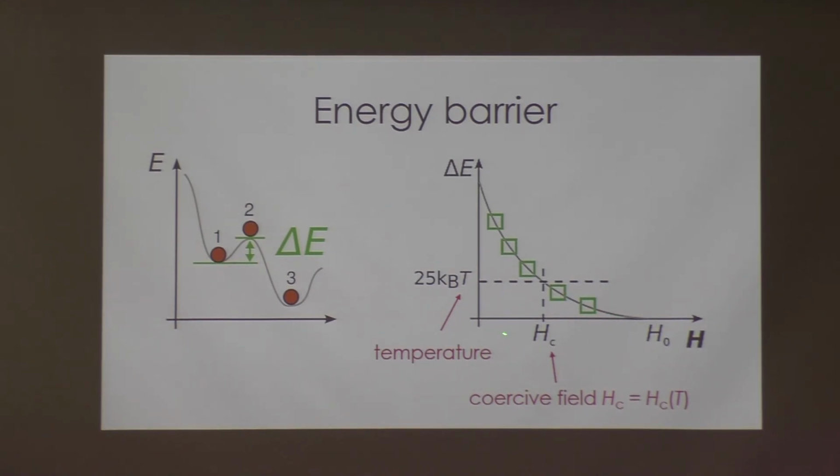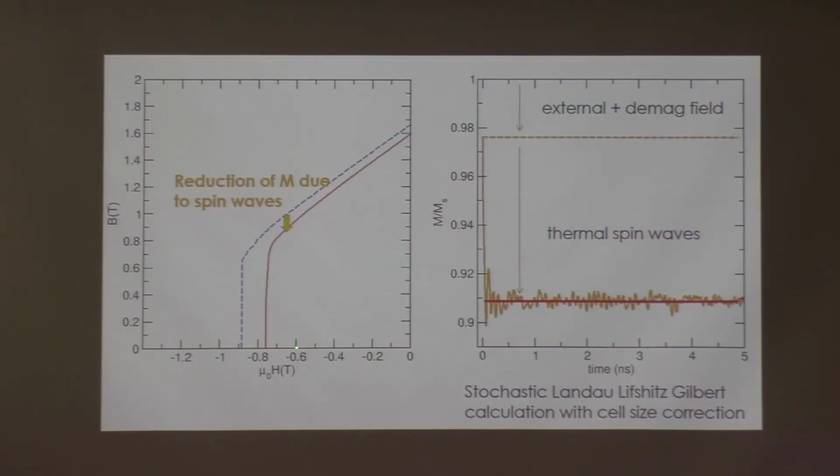And so our coercive field now is not the line where the energy barrier becomes 0, but the line where the energy barrier as a function of field crosses the 25 kBT line. By this means we can compute what happens at finite temperature with our coercive field, and you see here that this reduces the coercive field a little bit.